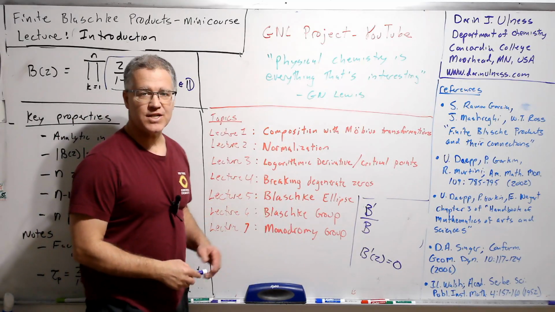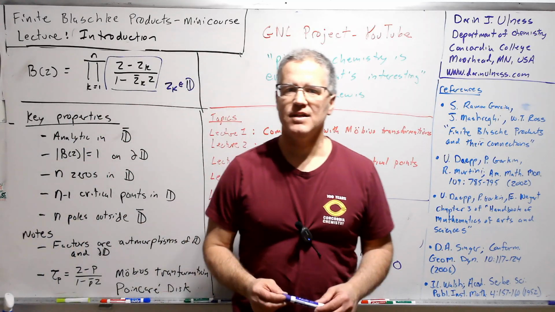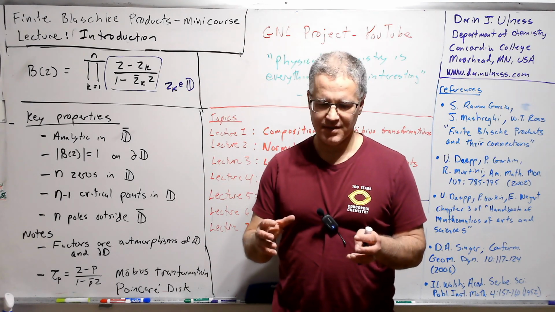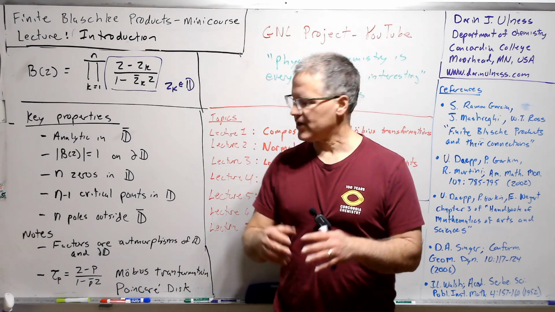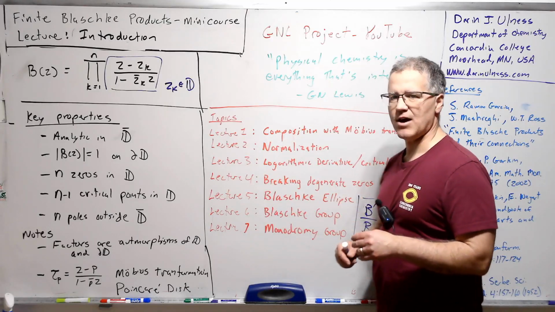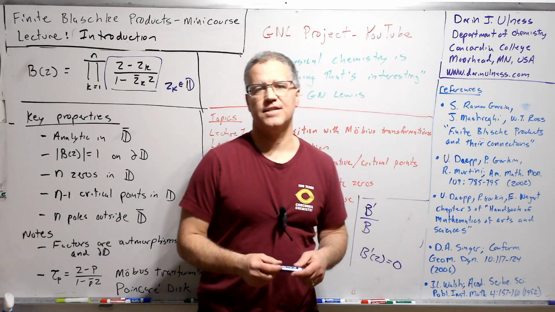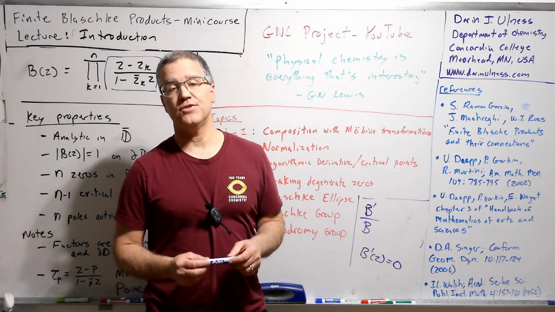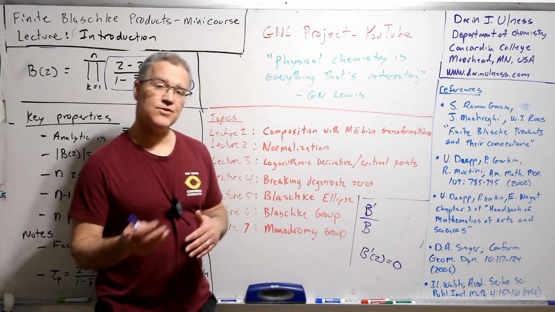Then we'll get into this really cool geometry. It won't make sense to get into it now, but there are ways to look at the Blaschke product in the disk itself, related to its zeros, and then related to its critical points.